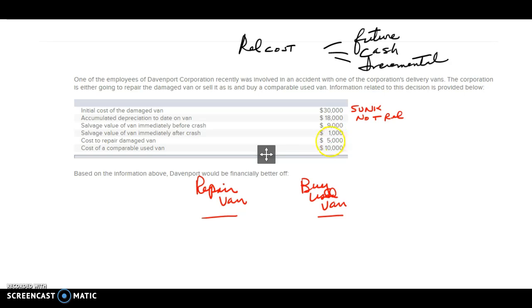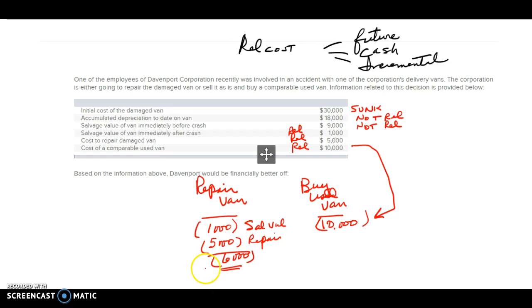A salvage value of the van immediately before the crash, not relevant. Salvage value after the crash, 1,000, this would be relevant. Cost to repair the damaged van would be certainly relevant. And cost of a comparable used van would be relevant. So take a minute, put your costs under each of the alternatives, and we'll come back and make a decision.